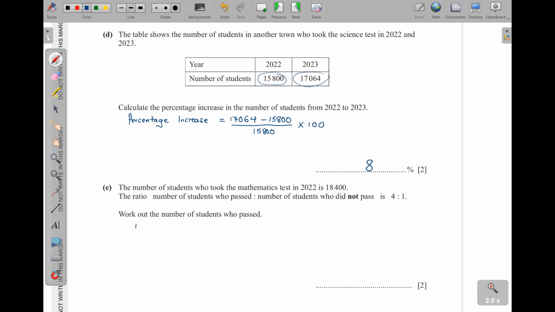So the number of students who passed is going to be equal to, the number of students who passed is here, so it corresponds to the 4. So it is going to be 4 out of the total, which is 4 plus 1, then times the total number of students who sat, that is 18,400.